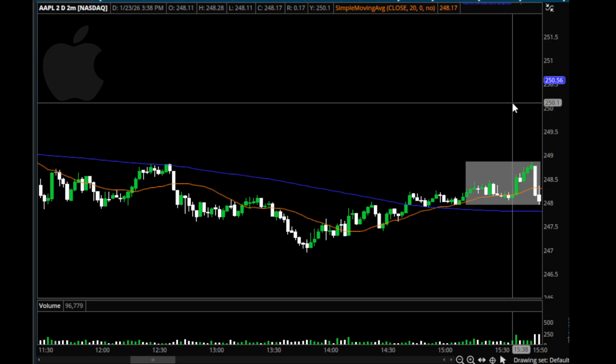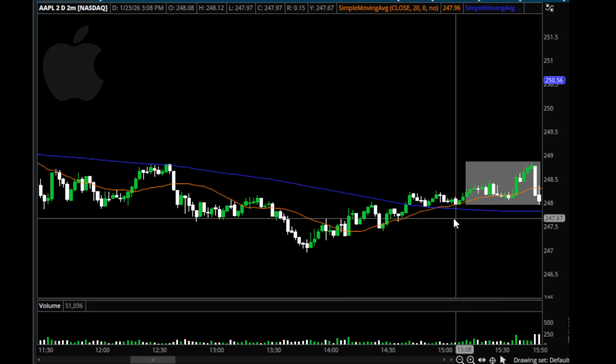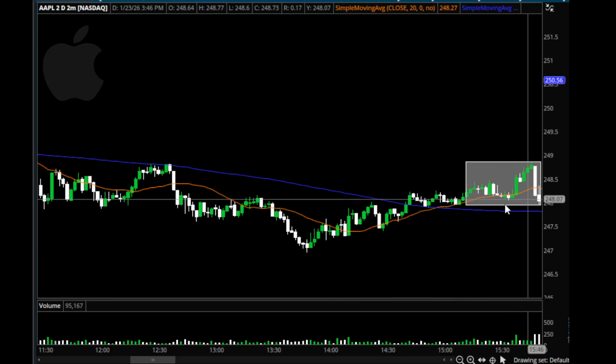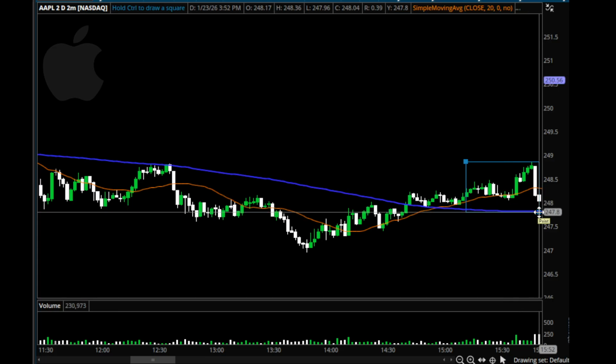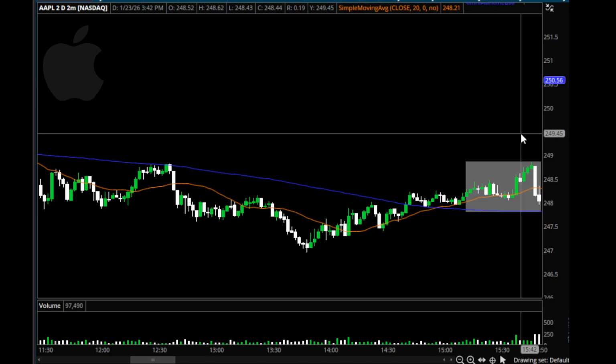But now we need to include the SMAs inside of this box. So this blue 200 SMA and this orange 20 SMA, we need to include in our box. Boom. So we need to bring that down a little bit and make sure it's in the box. Now, this is what I do every morning before the market opens.